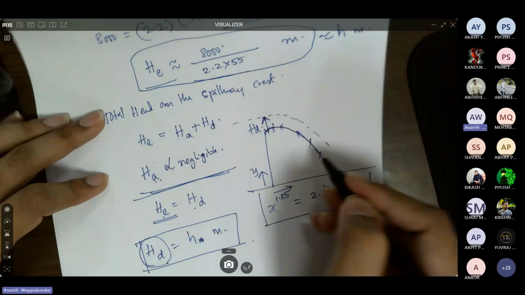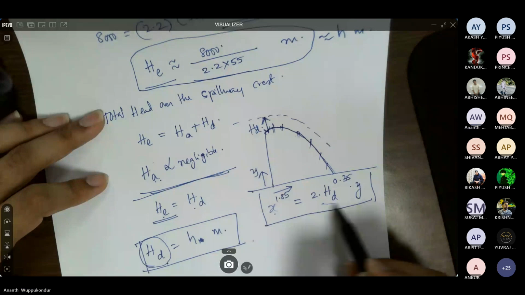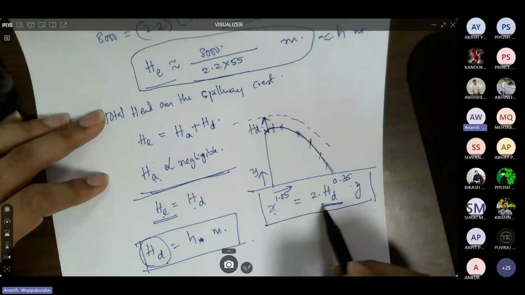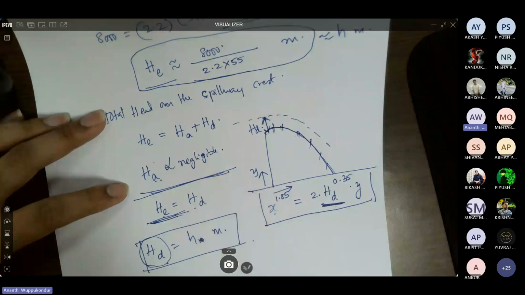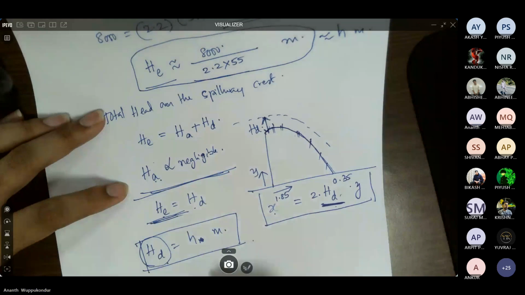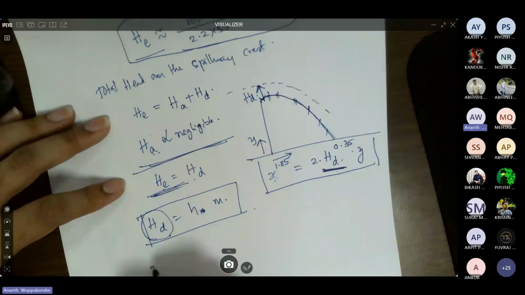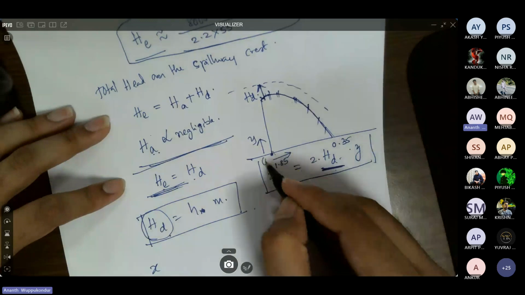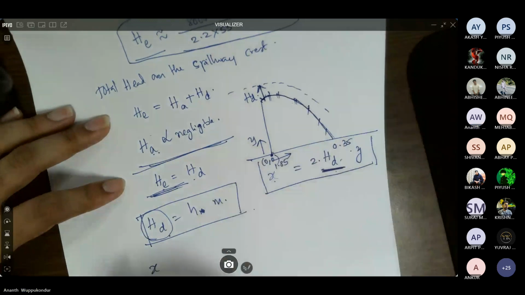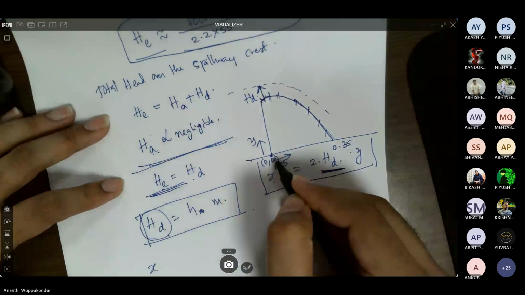To use this function, we need to know what HD is. So to get HD, we calculate HE, and in this example, we assume HA is negligible. Once you get HD, then you have x, which is, let's say, this is our starting point, origin 0, 0, and you're moving in this direction.